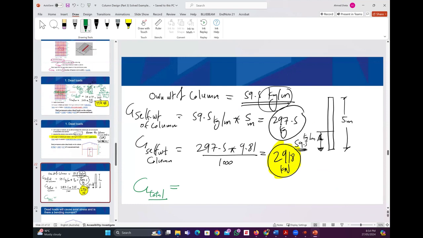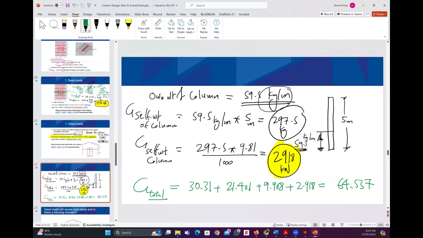So the total would be 30.31 plus 21.401 plus 9.908 plus 2.918. The final value is 64.537. What is the unit for this load? This is one important thing.